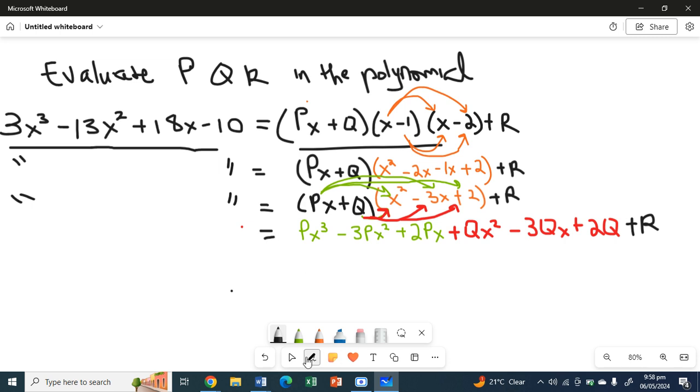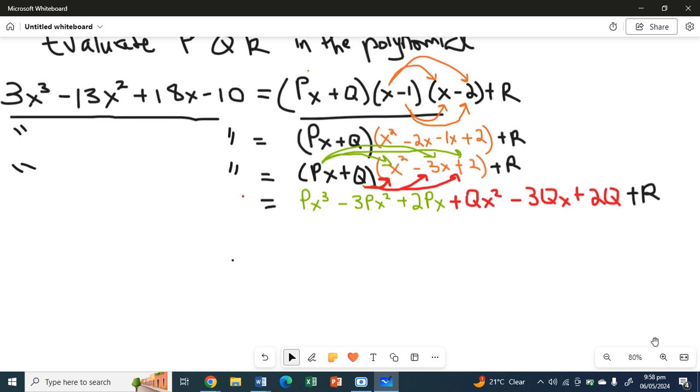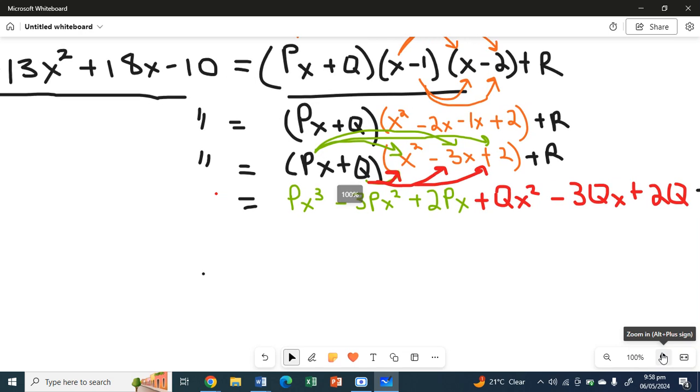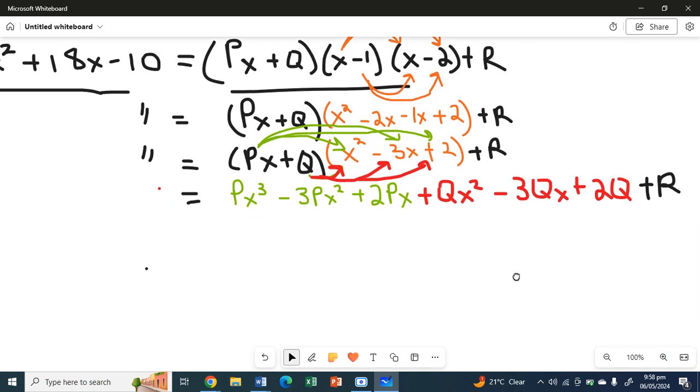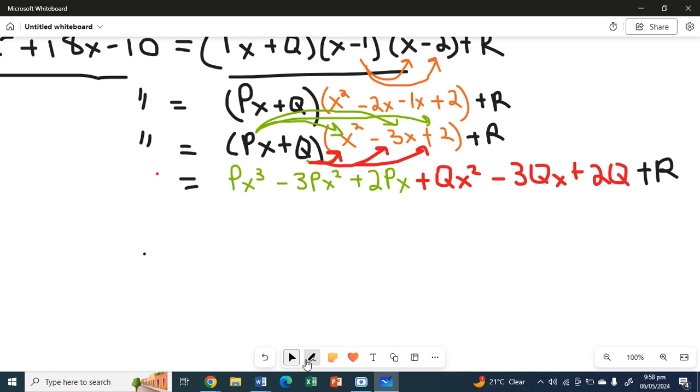So now what happens here is we need to group like terms together, any terms with x to the same degree. If it's x to the power 3, we put them together. If it's x to the power 2, we put them together.